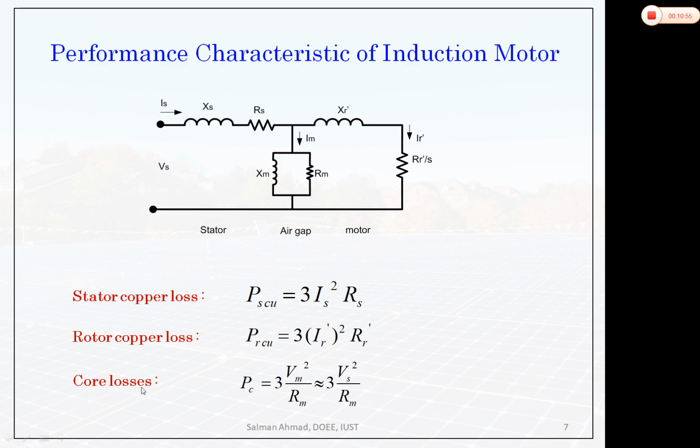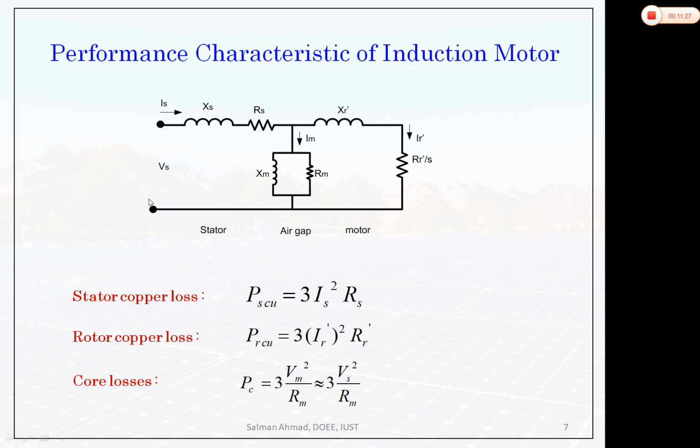Similarly, core losses. Here you can see that the voltage across this terminal, say it is Vm. So Vm square upon Rm, the voltage across this divided by this resistance. Now you multiply by 3, you will get the 3-phase power loss in the core. Again, the drop in these two components in comparison to stator voltage is very small.